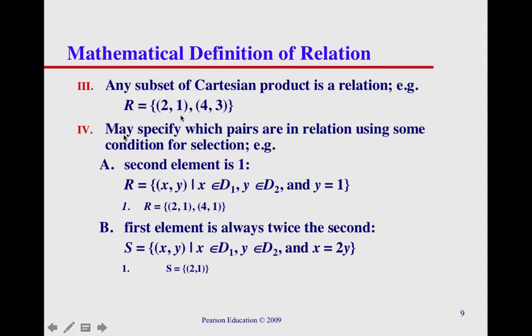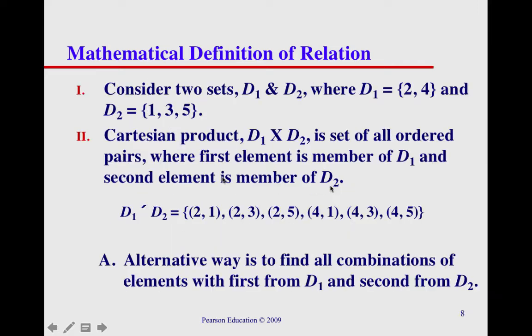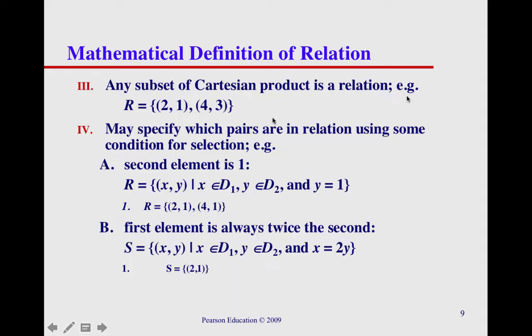Now, you can theoretically place constraints on the tuples. So I could say the relation is all tuples x and y such that x is part of D1, y is part of D2, and y is equal to 1. Well, looking back here, we see that 1 can be crossed with either 2 or 4.